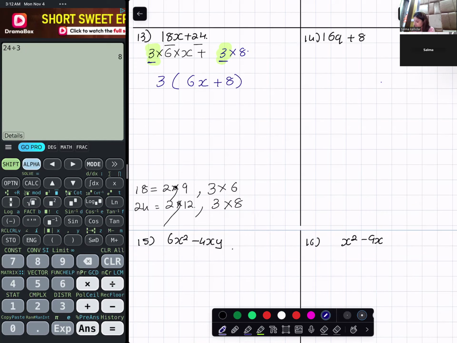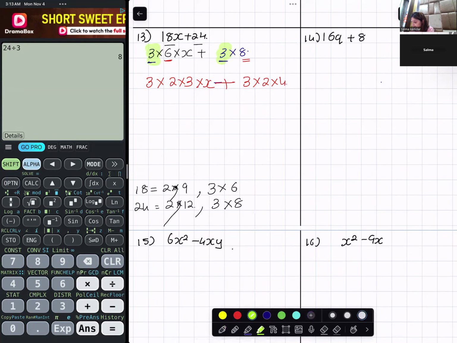I can still actually factorize this more. I can write 3. 6 can be further factorized as 2 into 3 into x. Plus 3 into 8 can be further factorized as 2 into 4.